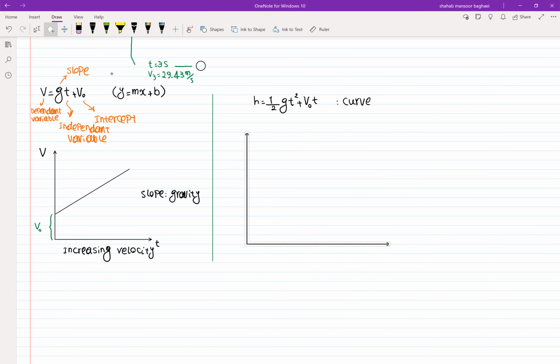Vertical axis is h, or height. Therefore, this is h, this is t, and it's a curve called parabola.